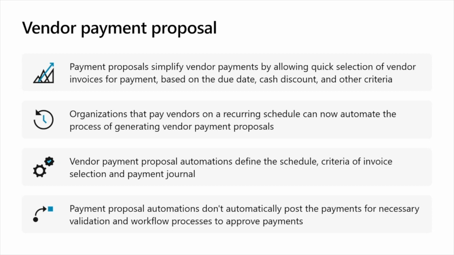At this point in time, this process only creates the journals and the proposal for you, but does not automatically post the payments, for the right reason, because we all know before payments, you need to have your necessary validations and approvals in place, right? But it takes away the manual headache as well as the chance for any human error from this function.